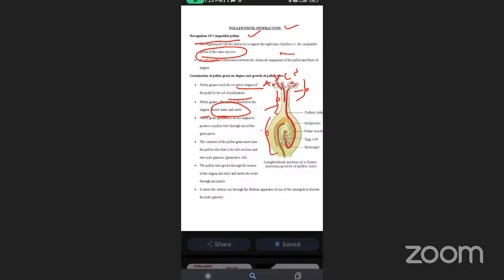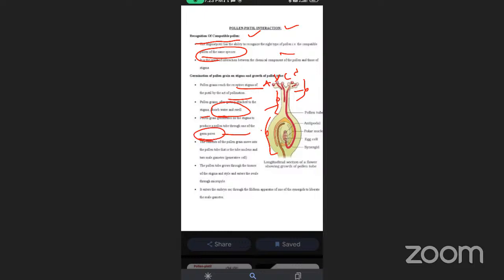Later, only the compatible pollen receives moisture and water from the stigma, absorbs it and slightly swells. The next step is that the pollen grain germinates. After swelling, it germinates and produces a pollen tube through one of the germ pores. Already we know the pollen grains have a number of germ pores.